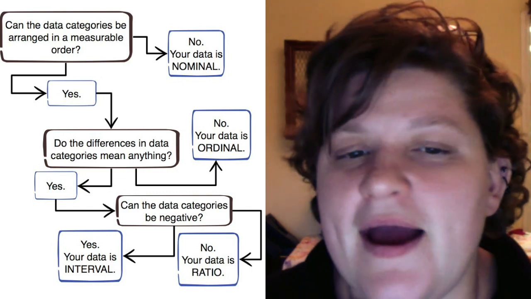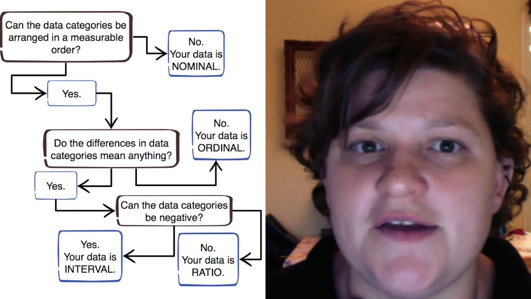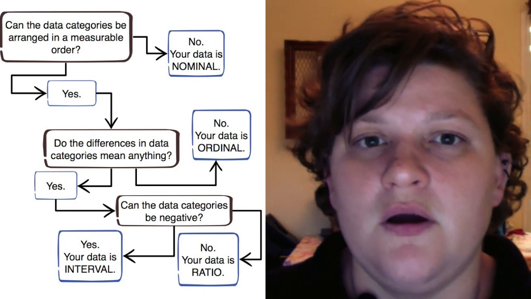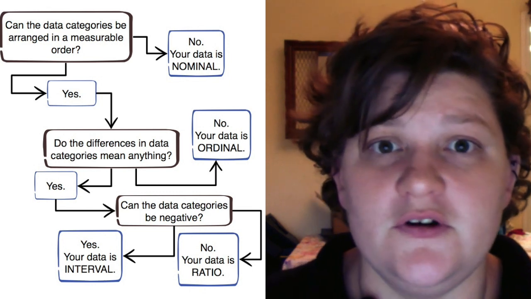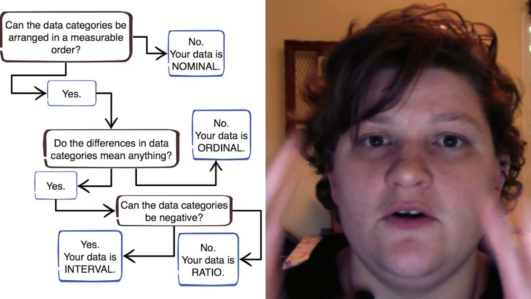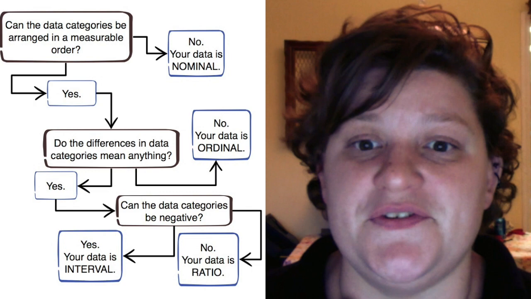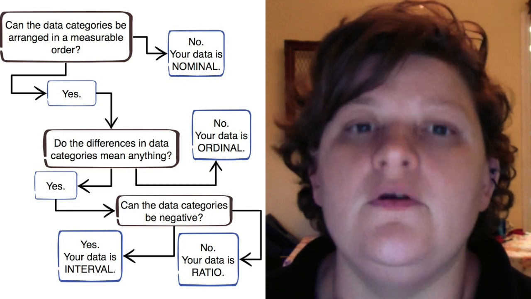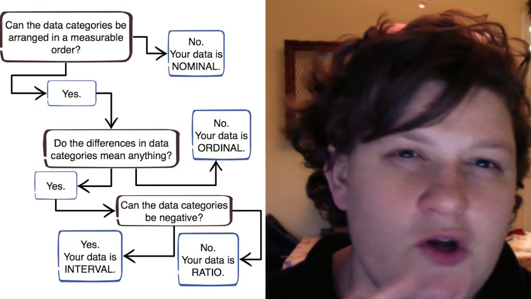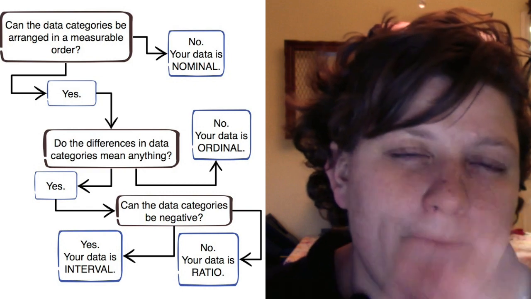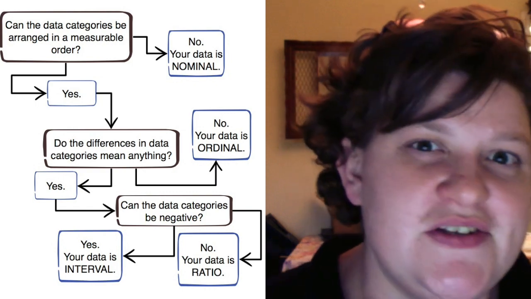Okay? Whereas for ordinal data, you've got small, medium, large. You've got the different sizes it could be. It can go from tiny to huge, right? It all depends. All right? For ordinal, you can put it in an order, but there's no set amount that a large is.